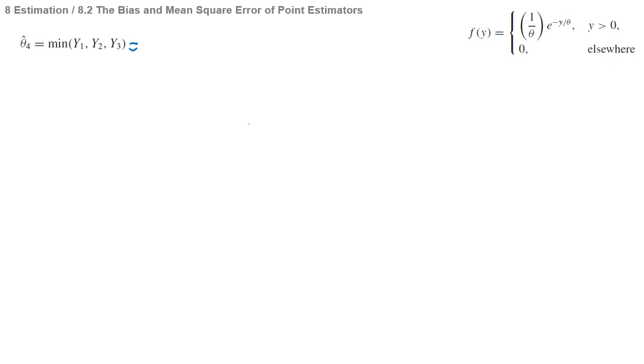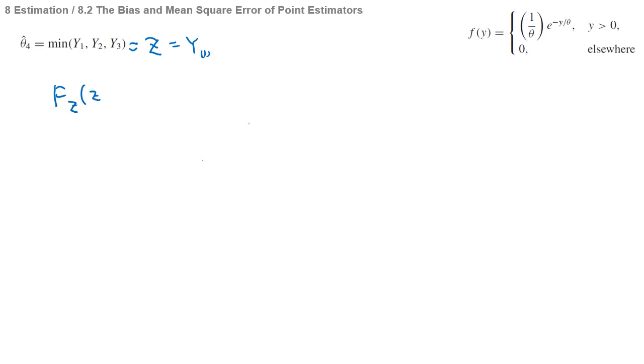Let's define the minimum of Y1 to Y3 as Z, or we can write it as Y(1), and we want to find the distribution function for this.